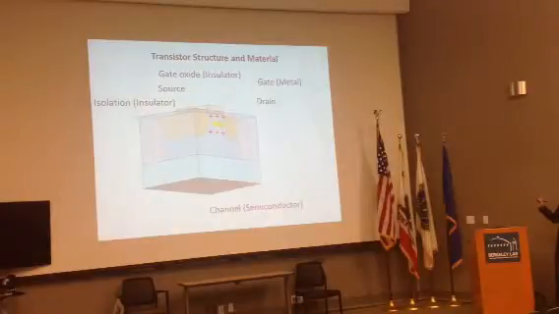So this is the very fundamental building block of a transistor. And then there are the materials. Gate, source, and drain are conductive materials, and the channel is a semiconducting material, and then there is insulating material. There are three components of material.